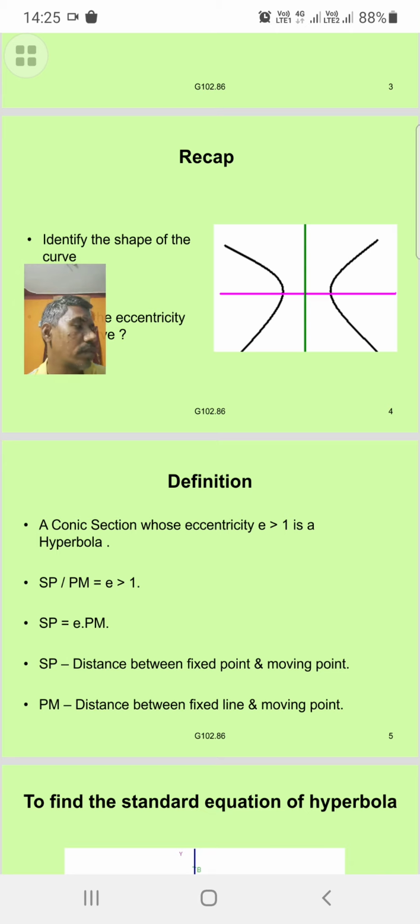So three chapters contain common problems on this. So you have to remember this formula: when focus, directrix, and eccentricity are given, the formula is the same.